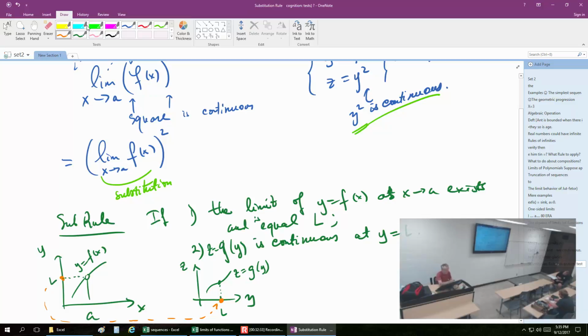So what we're talking about then is g of f of x. Another notation is g circle f of x. Remember this notation with a circle for compositions? Does it look familiar?